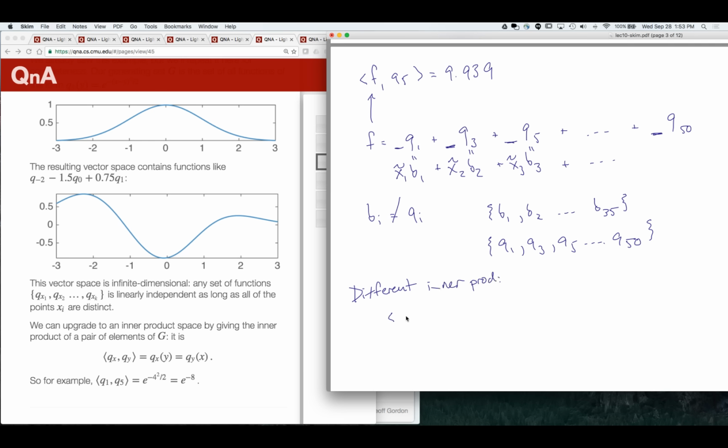You could have that the dot product between qx and qy was equal to the integral from minus infinity to infinity of qx of z, qy of z, dz, right? So this is a different inner product, but it is very definitely not the one that you're using in the exercise. And so if we pick this inner product instead, we get a different inner product space.